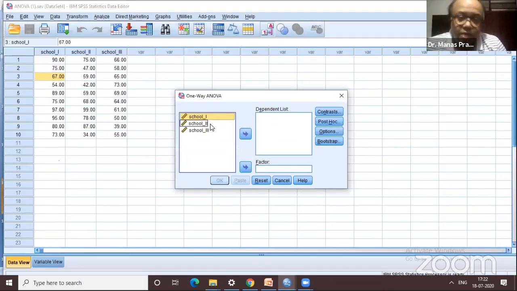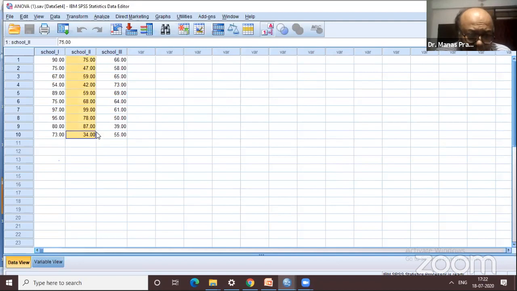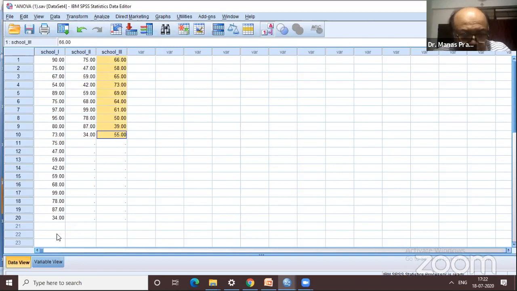Here we also have to arrange the data in a particular way, just like the independent sample t-test. So copy these values and put all the values in the same column.